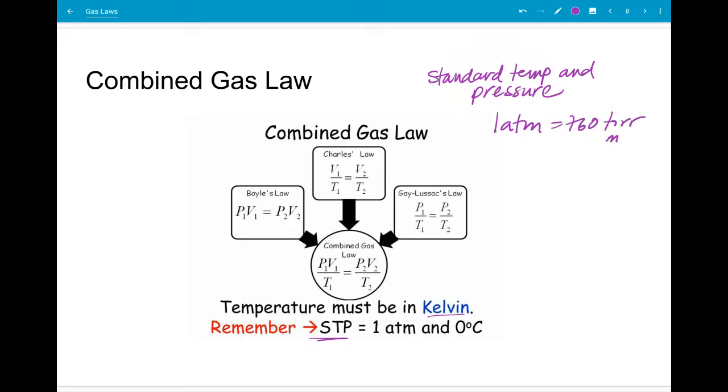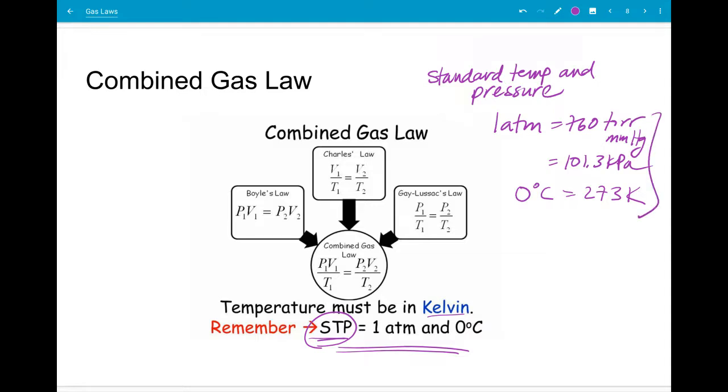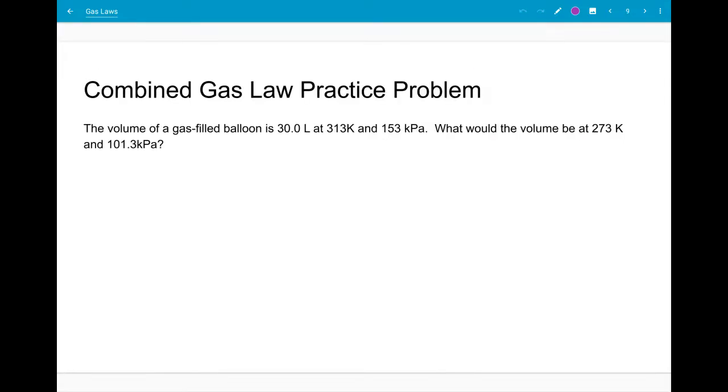So that could be torr or millimeters of mercury or 101.3 kPa and 0 degrees C, which we also know is the same as 273 Kelvin. So sometimes you feel like you're missing information in a gas law problem because they say it's at STP, but the reality is you actually know a pressure and a temperature.